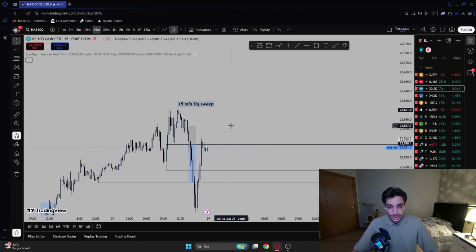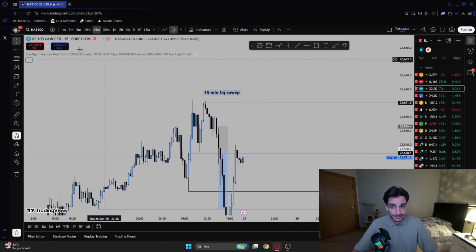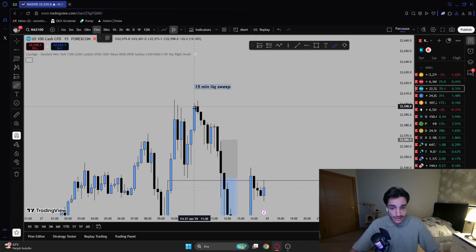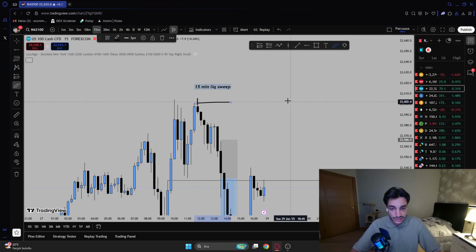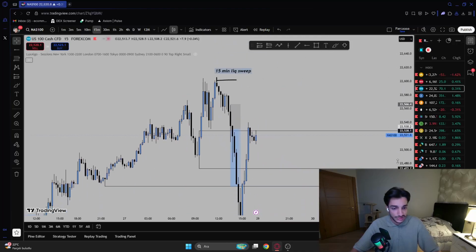So what do we see here? We are on the 50-minute time frame right now. We have a candle right here. Like I showed you a minute ago, we have this wick right here, and with this wick we swept the liquidity, and then we changed our direction.